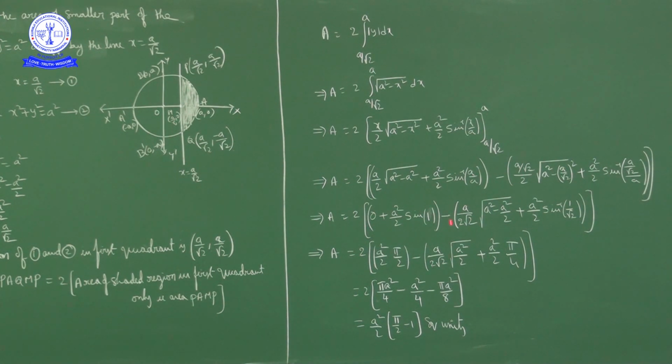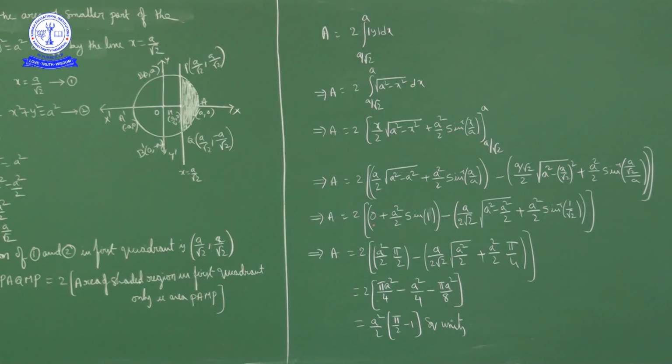Minus, in case of the lower limit, what do we get? a by root 2 by 2, nothing but a upon 2 root 2, into square root of a square minus a square by 2, since a square minus a by root 2 whole square is a square by 2. Okay, plus a square by 2 into sin inverse of a by root 2 upon a, the a cancels, sin inverse of 1 upon root 2.